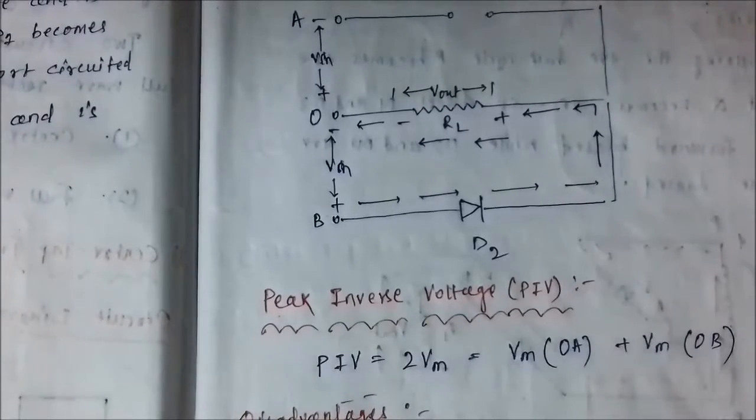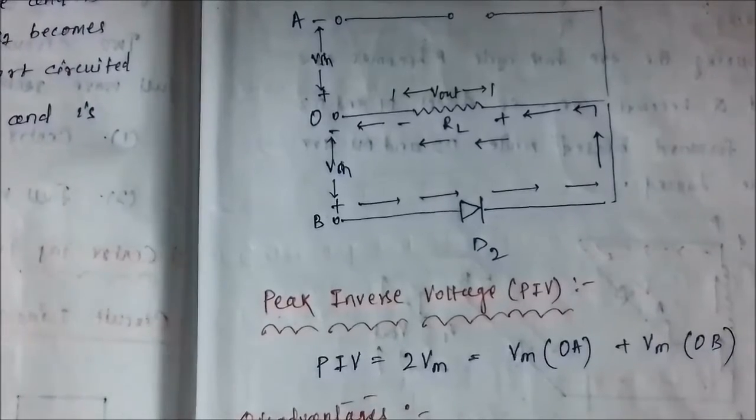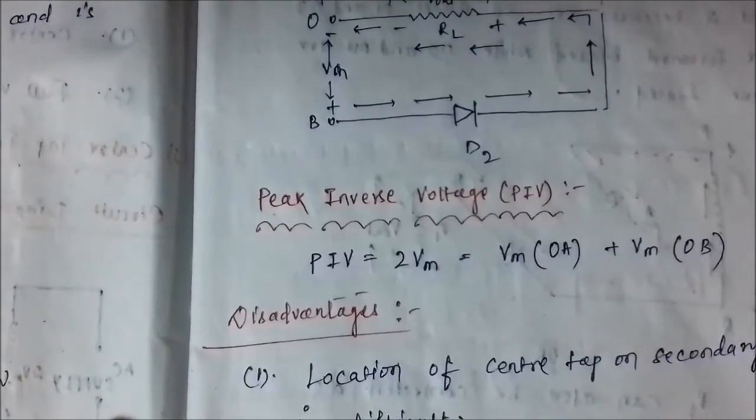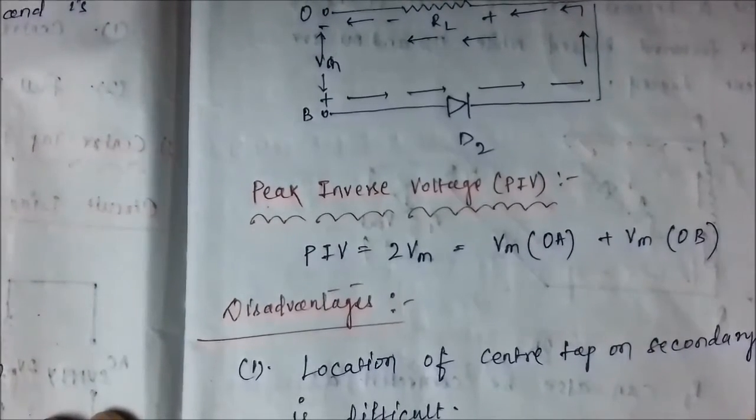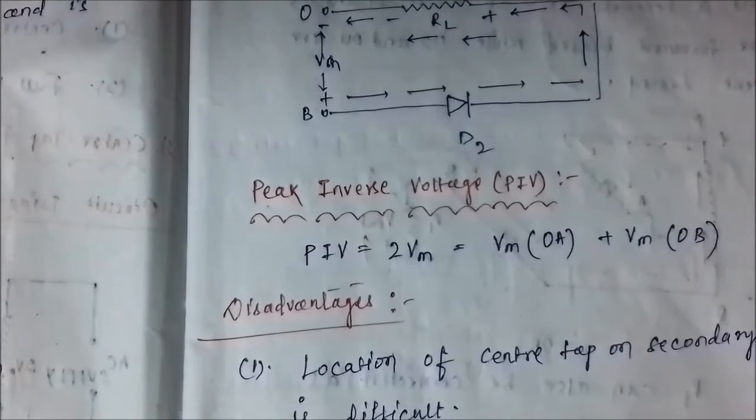So this circuit, the center tap full wave rectifier, overcomes the disadvantages of the half wave rectifier circuit, but it too has its own share of demerits. Sometimes it becomes difficult to locate the center tap point on the secondary winding of the transformer. This poses a problem.